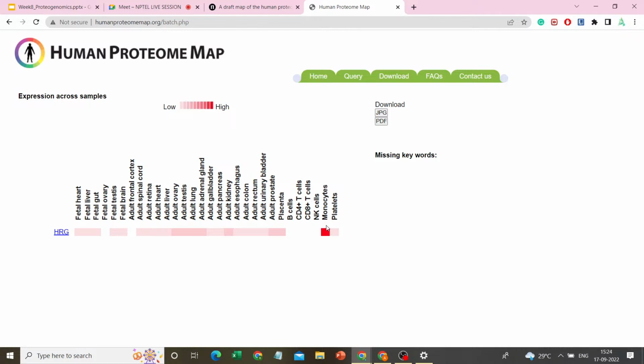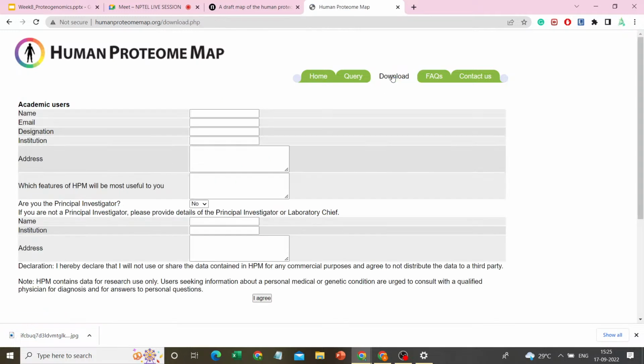So if you find in your sample that HRG's level is coming high when you do a shotgun or a label-free study, then you might try to correlate how it can be or what can be the reason for that. You can download this in JPG format or PDF format and keep it, and also you can download the data.